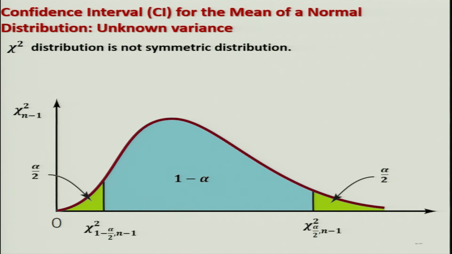If you take this area to be alpha by 2, then this critical point is chi-square alpha by 2 with n minus 1 degrees of freedom, and this area is also alpha by 2, with this point indicated by chi-square with 1 minus alpha by 2 and n minus 1 degrees of freedom. The middle blue part will be 1 minus alpha. Always remember that chi-square and even F are not symmetric distributions.